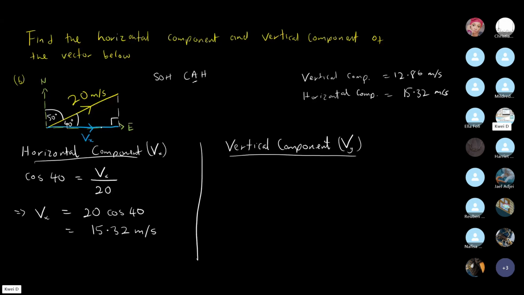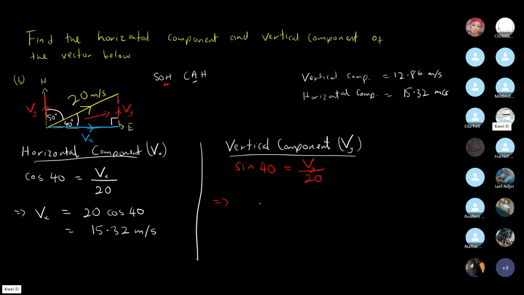The Vy is opposite, so sine 40 is equal to Vy over 20. Sine, not cos, because it's opposite. So it means that Vy will be 20 sine 40.